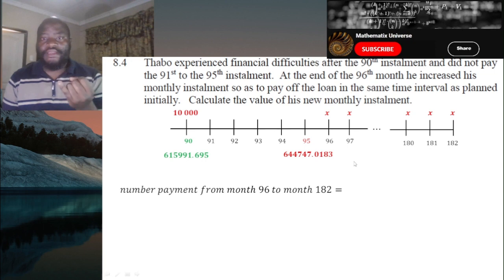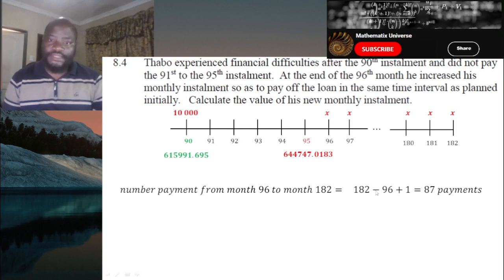So it will be 96, 97, 98, 99, and 100. That's 5 payments plus another 82 payments. That will make 87 payments. So this is the other way to do it. Don't make the mistake of just subtracting these two. You must add a 1 as well. Now we know how many payments we need to make to finish our loan in that same planned time interval.